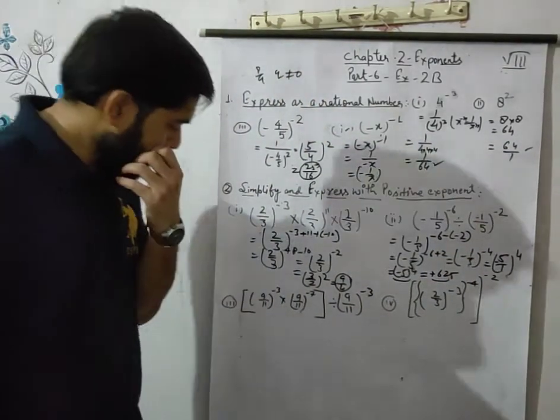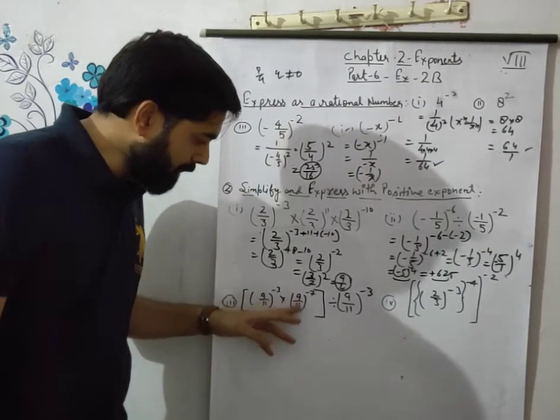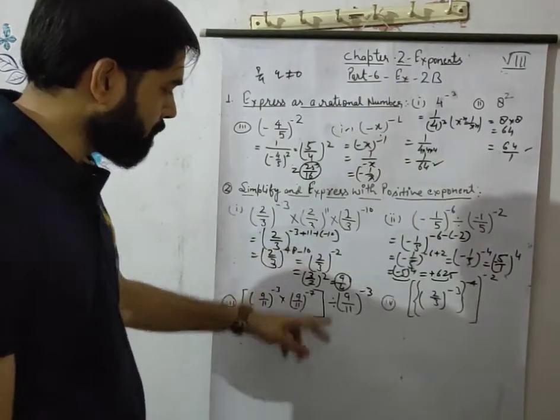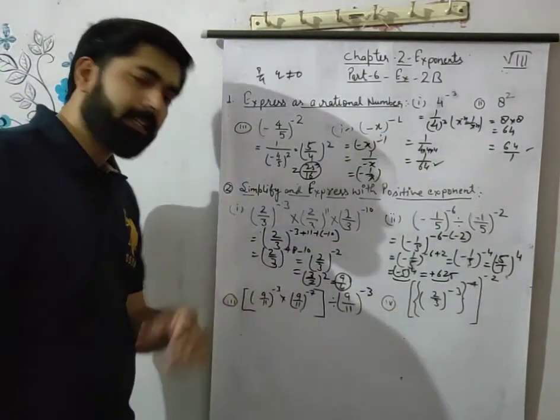Now next is 9 upon 11 raised to power minus 3, multiplied by 9 upon 11 raised to power minus 7, and the whole bracket divided by 9 upon 11 raised to power minus 3. Look at this bracket.